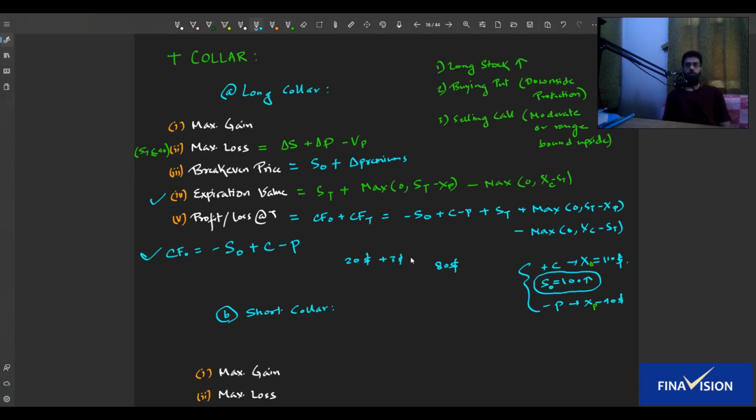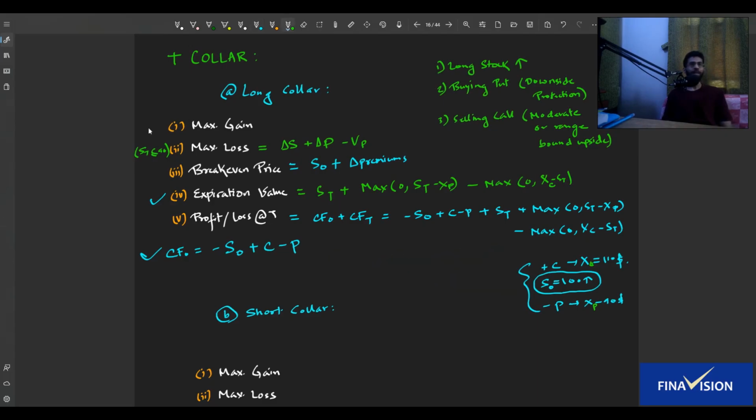The put premium was $5, minus $5, and the put option gave a gain of $10. So this is minus $10, right? The put is reducing the losses here. So net to net this becomes a total value of 23 minus 15. This is equal to an $8 loss, or you can write it as minus $8 of profit, right?